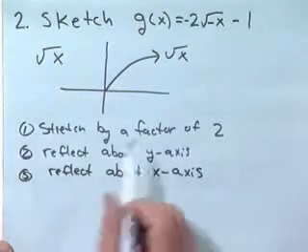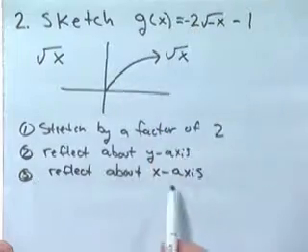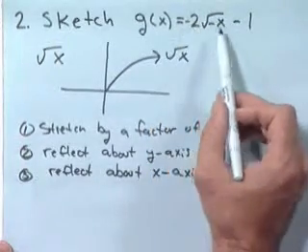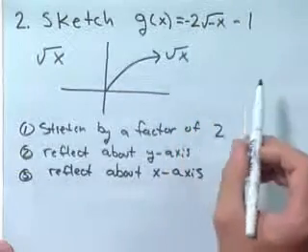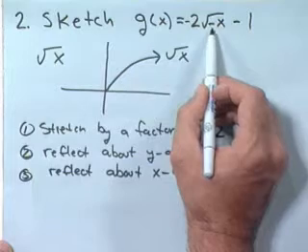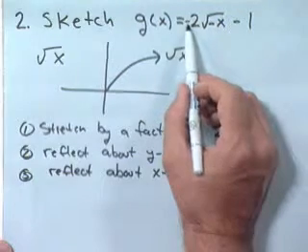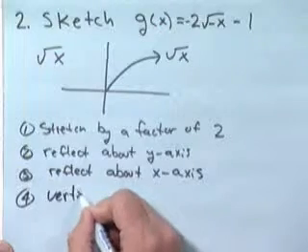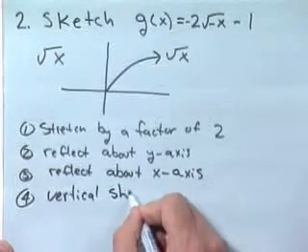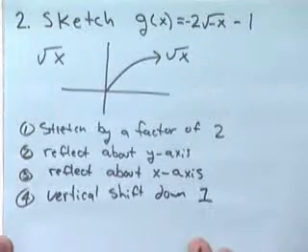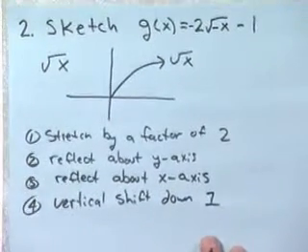And let's see, what else do I have? I have a stretch by 2. I have a reflect about the y-axis, that's this one inside. I reflect about the x-axis, that's this one out here. And then I have a vertical shift down.